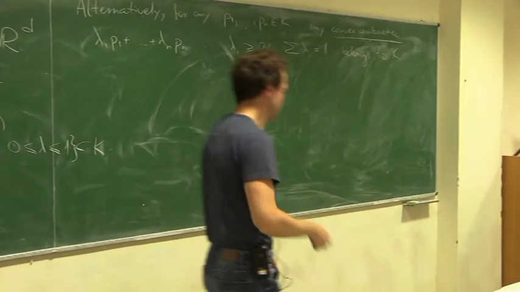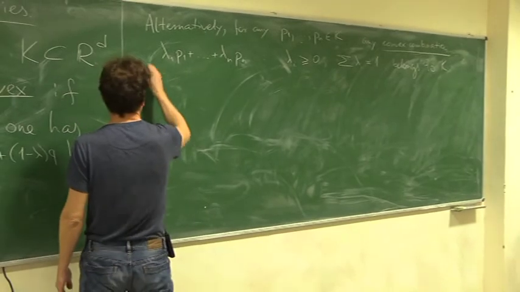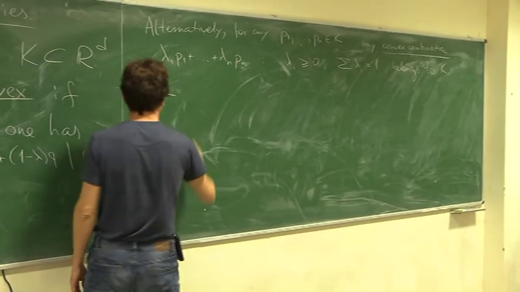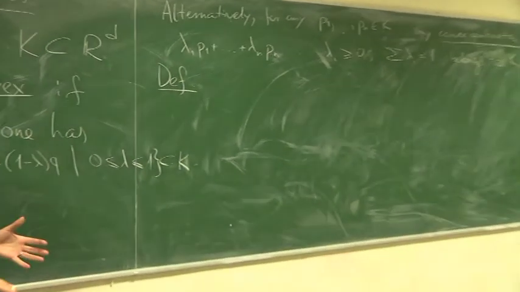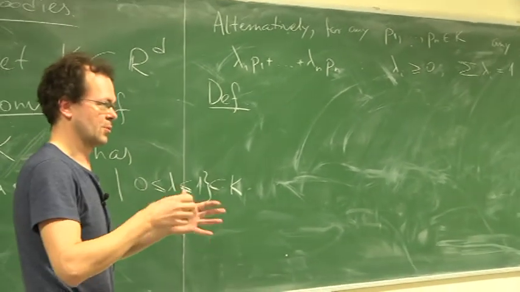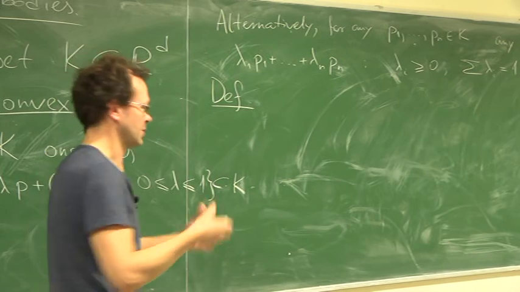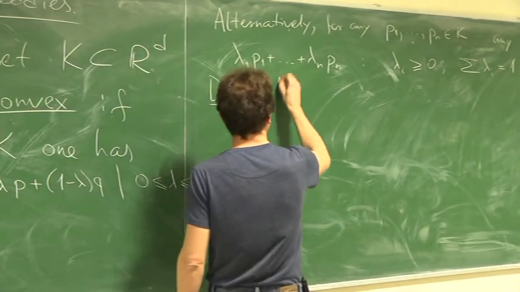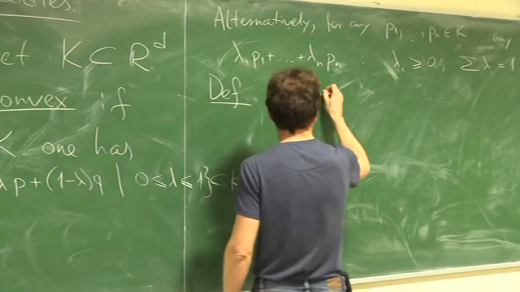So, another piece of terminology, well, one starts with definitions as usual. If you take a convex set which is closed, well, bounded, so that's compact, and also has a non-empty interior, then it is called a convex body.